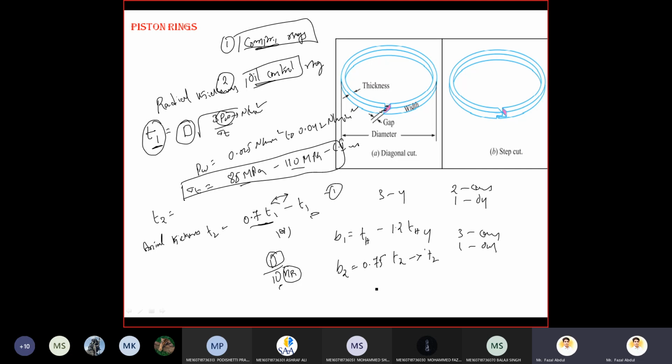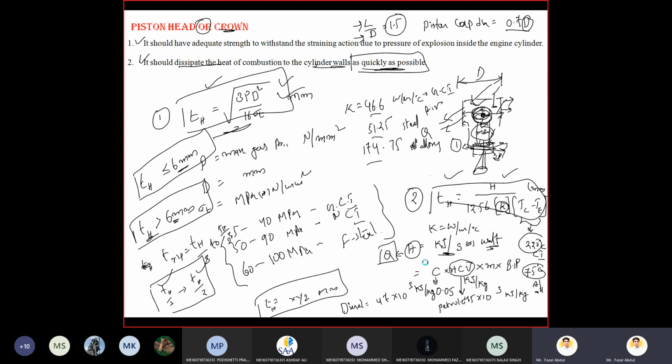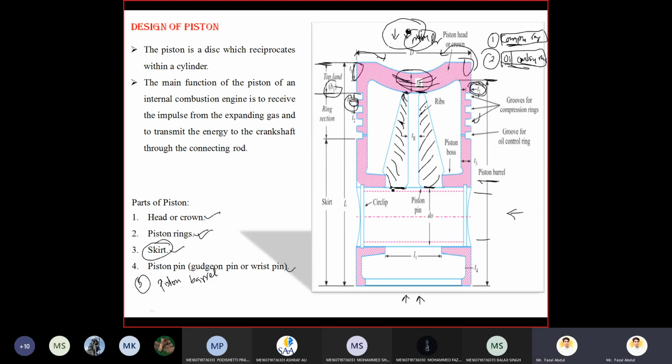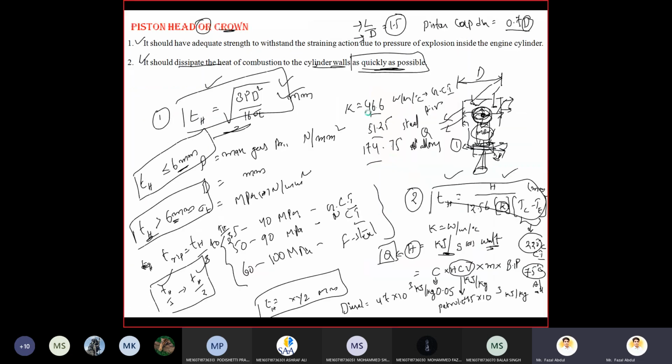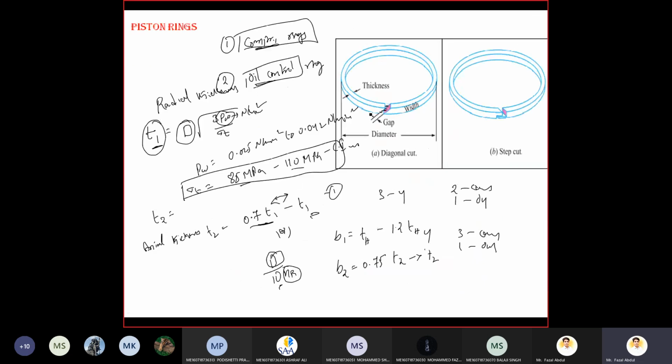The gap between the free ends of the rings: how much gap do we have to maintain between ring to ring? The gap is 3.5 T1 to 4 T1.